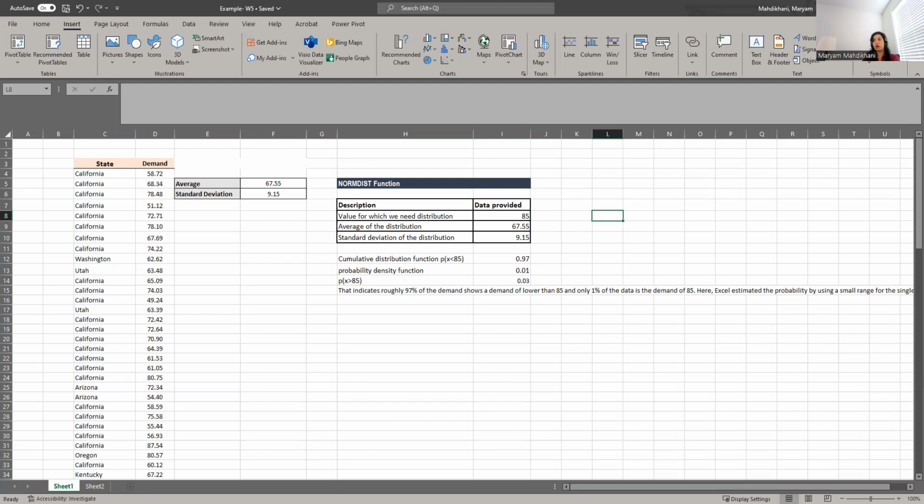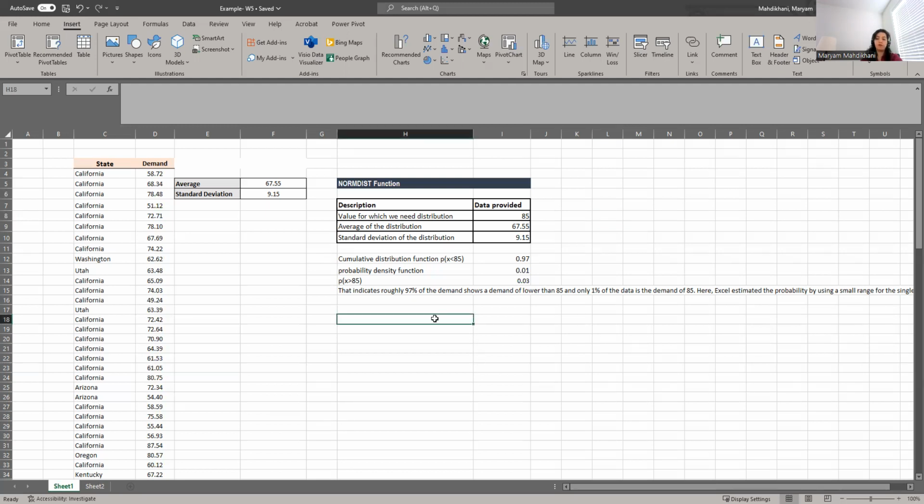From now on, whenever I ask how much is the probability of equal or less than a certain number, you need to type the normal distribution function. Then you find your x, which I give in the question, calculate the average and the standard deviation, and always choose TRUE. If I ask how much is the probability of equal or greater than a certain number, you need to type 1 minus the normal distribution. So that is all we need to learn.